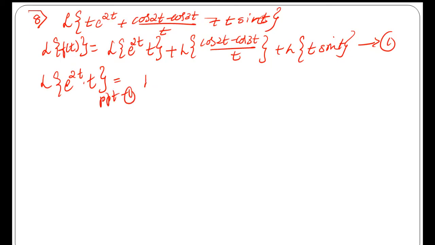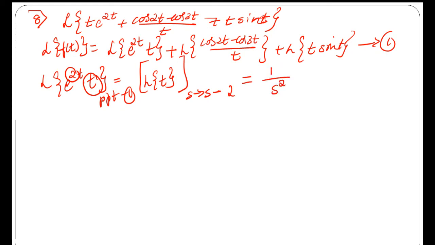Apply property number 1: the Laplace transform of e^(at) f of t is the Laplace transform of f of t with every s replaced by s minus a, but here a is equal to 2. The Laplace transform of t is 1 factorial divided by s^(1+1), so s square. Replacing s by s minus 2, you will get 1 divided by (s minus 2) the whole square.